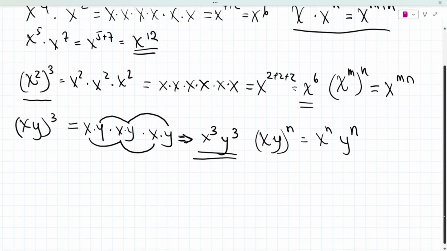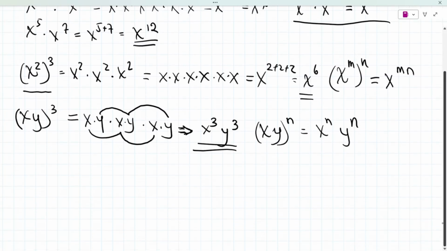And we can look at another example. 3 multiplied by 4 all to the power 2. This is the same as 3 to the power 2 multiplied by 4 to the power 2, using the general rules we've just looked at previously.